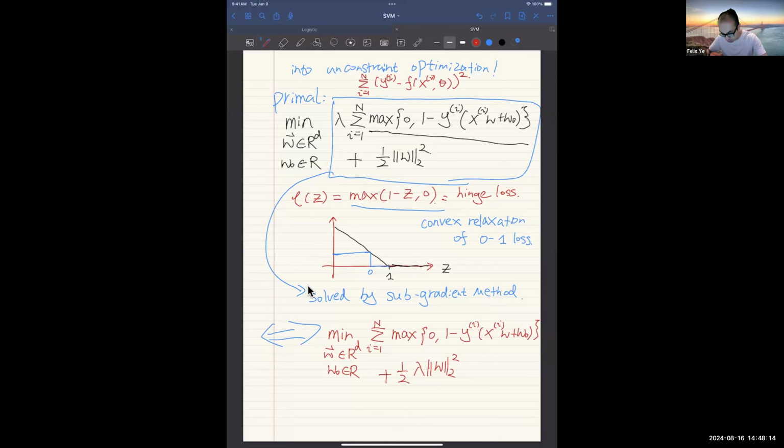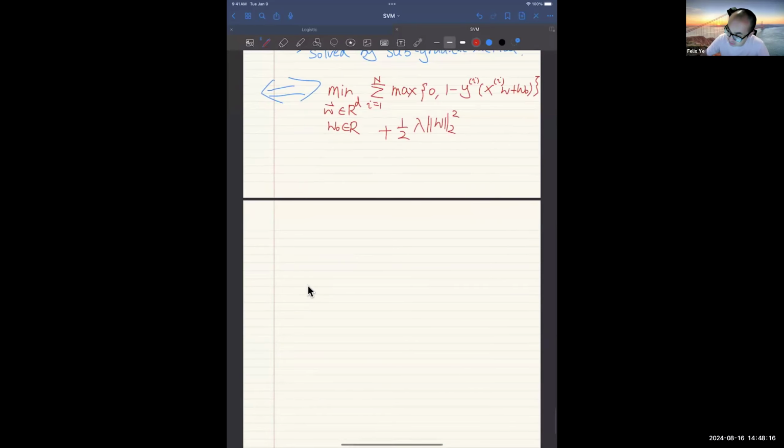If we write it this way, this is very close to ridge regression. But the difference is my loss here is the hinge loss, plus some L2 regularization.